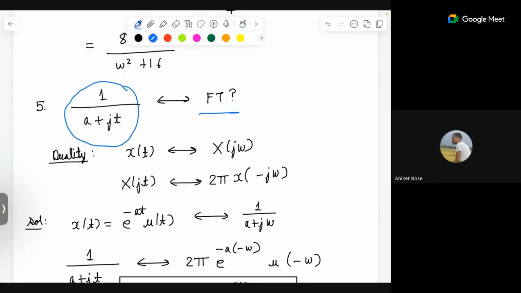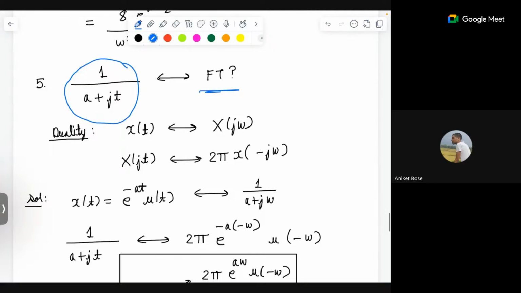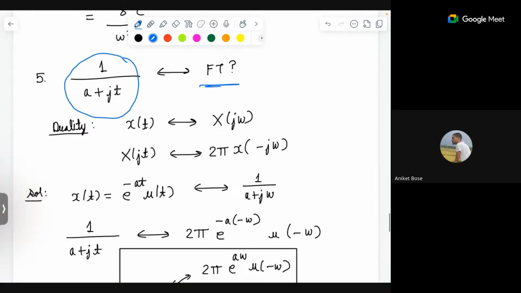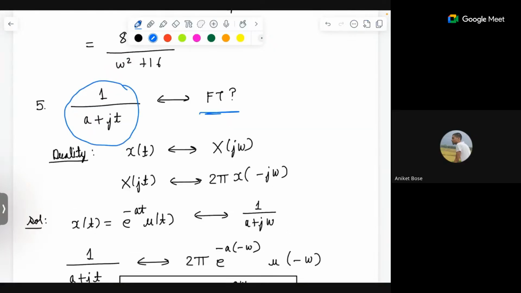And I want to find the Fourier transform for this. Yes, but this given 1 by a plus jt, is it x of jt or x of t? Are you asking with respect to property? No, I'm asking the function, the domain of the function. Is it jt or t?